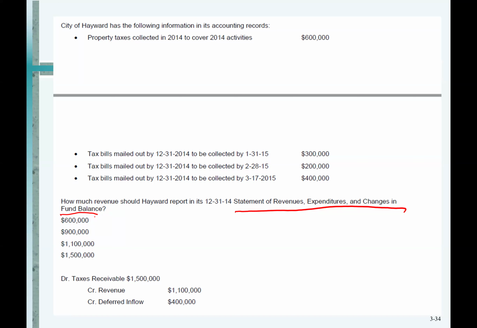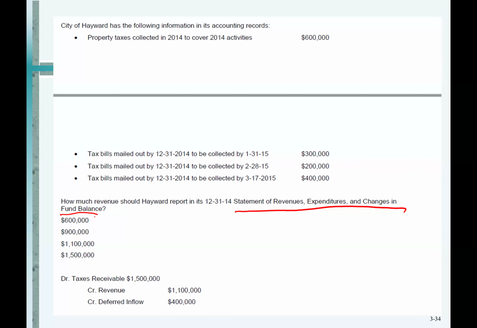Here, I simply said the statement of revenues, expenditures, and changes in fund balance. So you would need to know that's the name of the statement at the fund level. If it said statement of activities, then I'd use the full accrual rules. But since it says that, I know I need to consider collectability here as part of my time requirements.